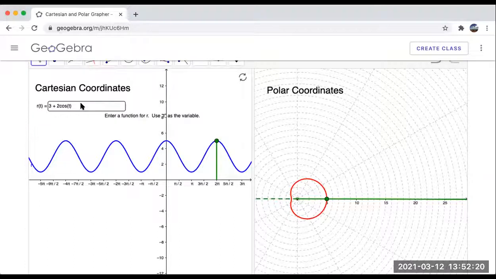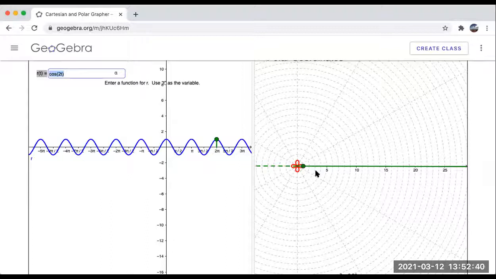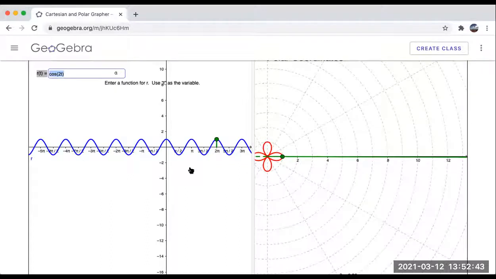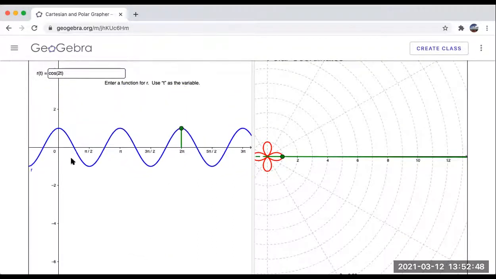So for example, we are doing the function r is equal to cosine of 2 theta. Put it in here. In this case, they use the notation t. Enter, right? On the left is the Cartesian coordinate.